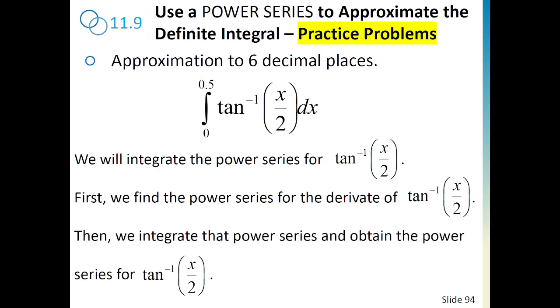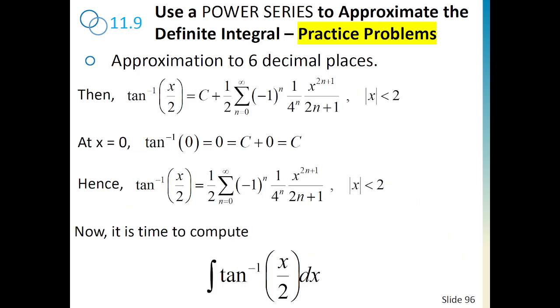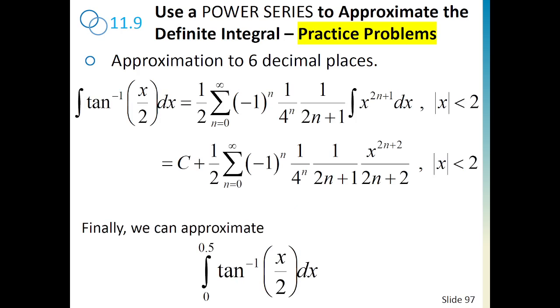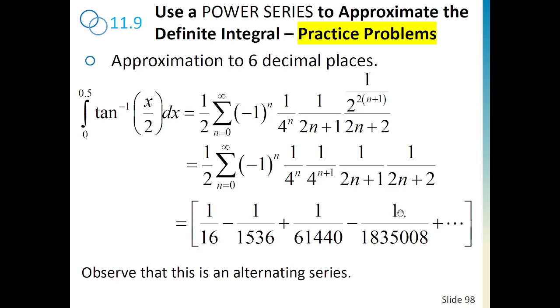This is another one similar. Maybe no need to go through the procedure. What matters is, again, conveniently we started at 0 to 0.5, so one of the parts will be 0. So again, here they want 6 decimals, so that means I want an expression with 6 zeros.